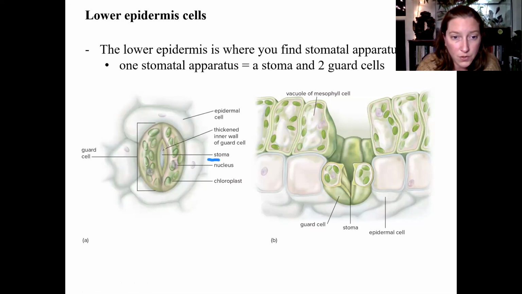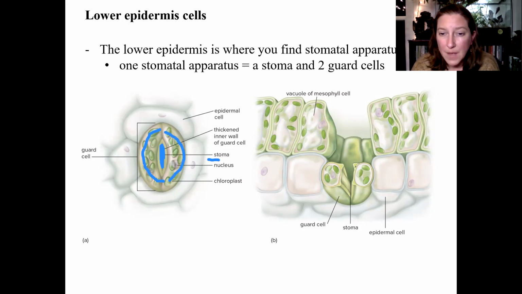Stoma means hole. So here's the hole in the middle. And then one guard cell. Here's the other guard cell here. And same thing here. This has been cut through, but this whole thing here is a guard cell. This whole thing here is a guard cell. And the hole is right here, right?